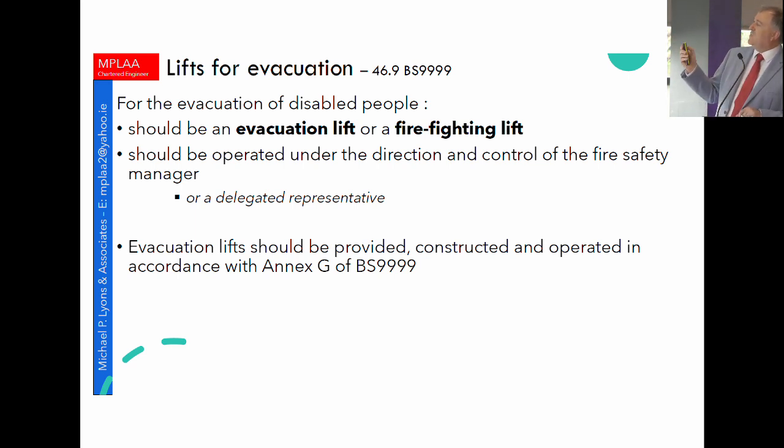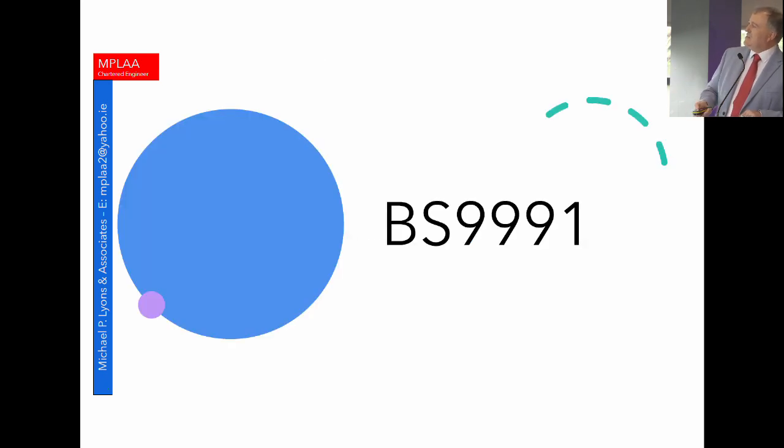And then just a couple of last words. 9991 for apartment buildings. When it was introduced, it was the replacement to 5588 Part 1. It wasn't accepted universally. If you did use it, if you were lucky enough to apply to a building control authority that would accept it, it had to be the design based entirely on 9991 and not a mix and match.